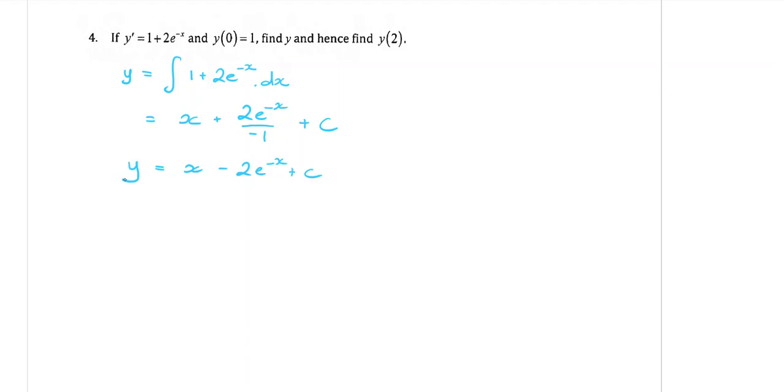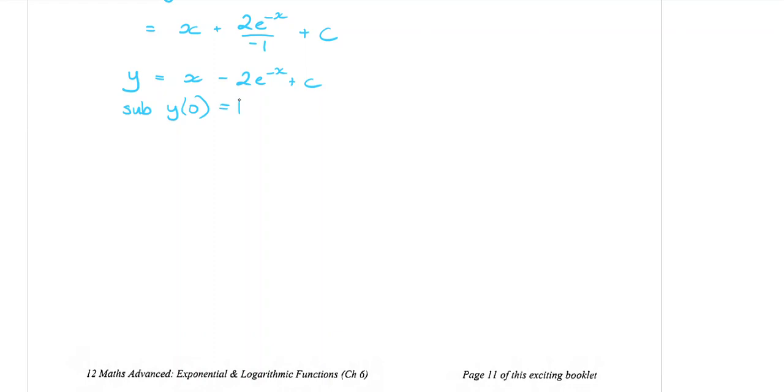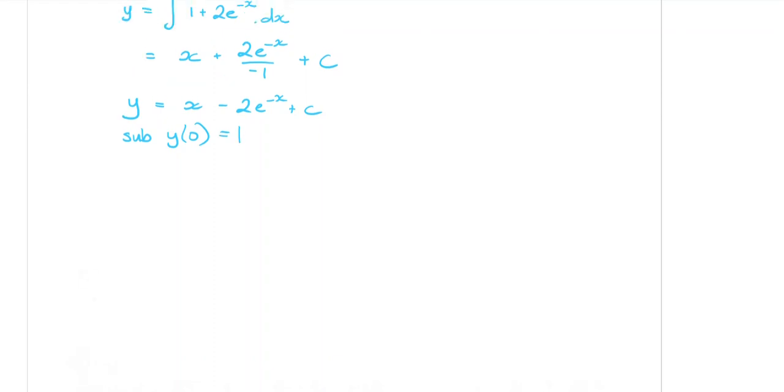Next part. Y of 0 equals 1. So I'm going to sub that in so I can find my constant. Okay? Sub y of 0 equals 1. So that means x is 0, y is 1. 1 equals 0 minus 2e to the minus 0 plus c.